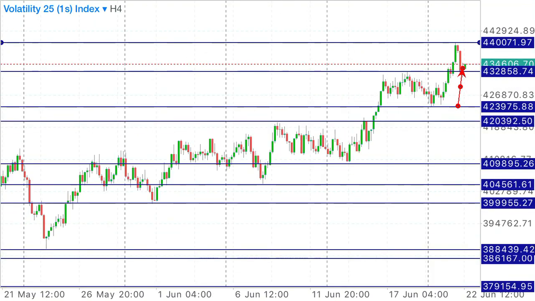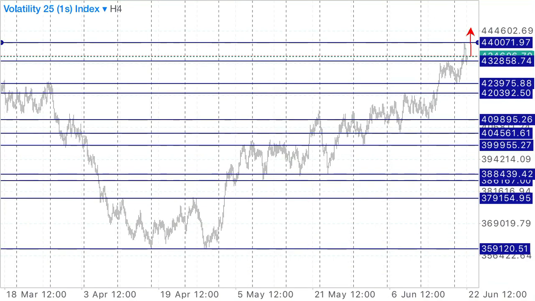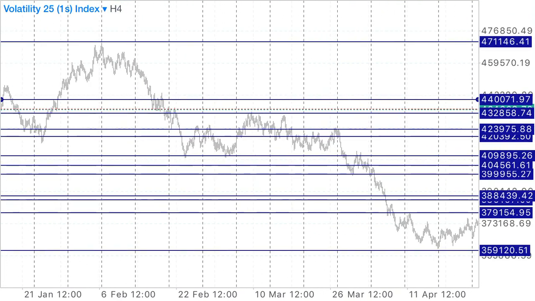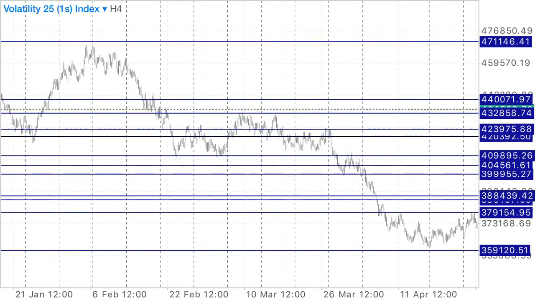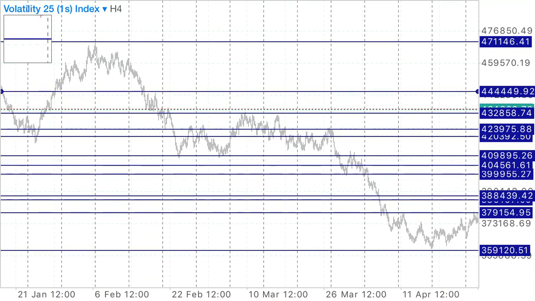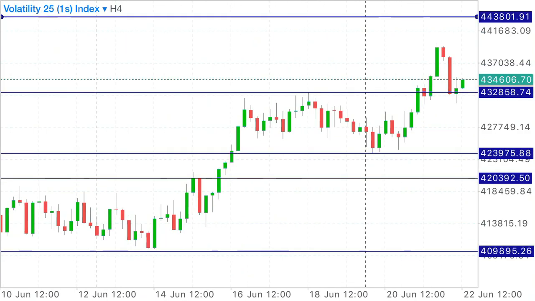I'm still waiting for my confirmation, but VIX 25 will likely continue with this trend, maybe up until .443801.